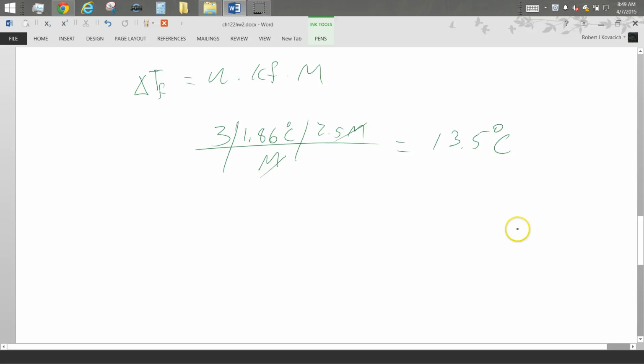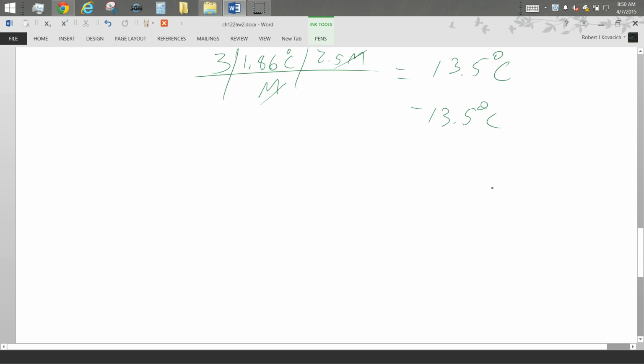Now you take that negative 13.5 number and you throw it into the equation and convert over to Fahrenheit. So the new freezing point is negative 13.5 degrees C. And now I need to convert that over. And so temperature Fahrenheit is equal to degrees Celsius times 9 fifths, and then I need to add 32 to it.